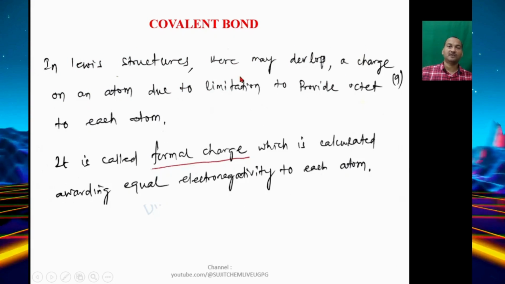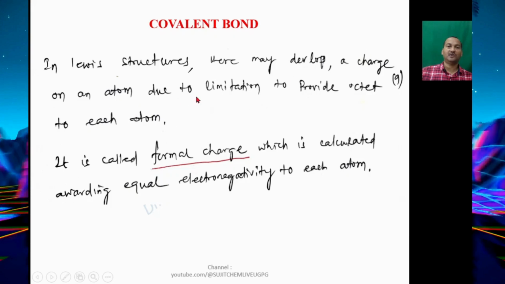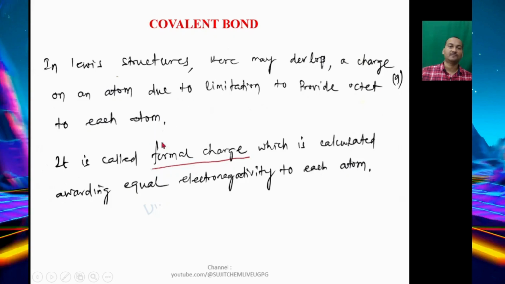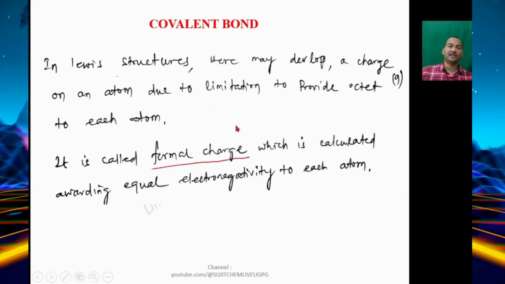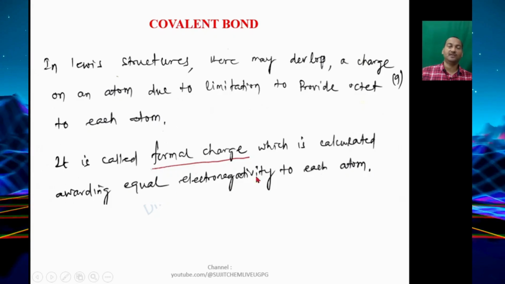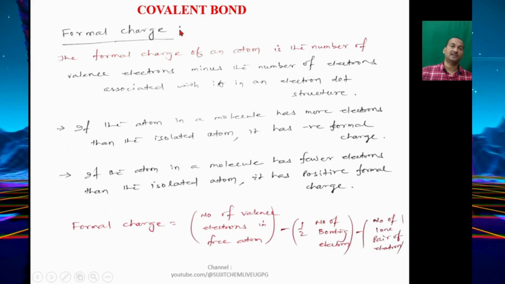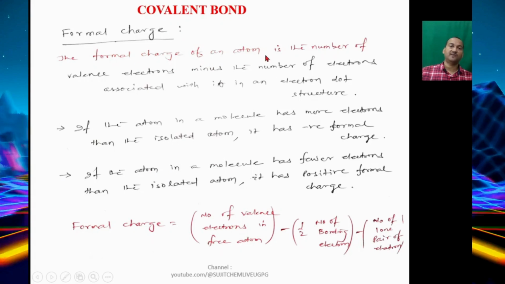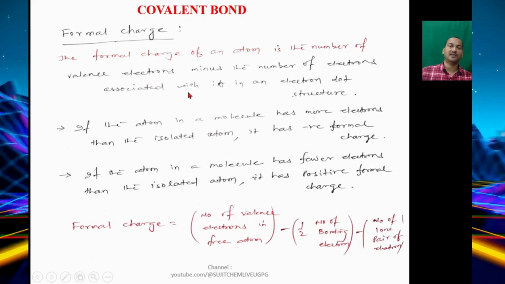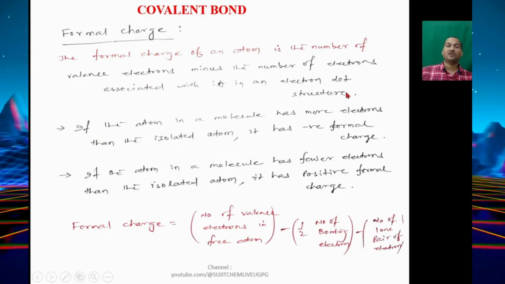So in Lewis structures, there may develop a charge on an atom due to the limitation to provide octet to each atom, and it is called the formal charge, which is calculated by assigning equal electronegativity to each atom. So let's discuss what is formal charge. The formal charge of an atom is the number of valence electrons minus the number of electrons associated with it within an electron dot structure.